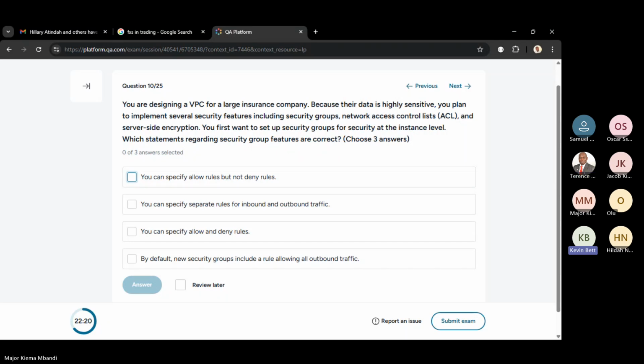Because their data is highly sensitive, you plan to implement several security features, including security groups, network access control lists, NACLs in brackets, and server-side encryption. You want to set up security groups for security at the instance level. Which statements regarding security group features are correct?